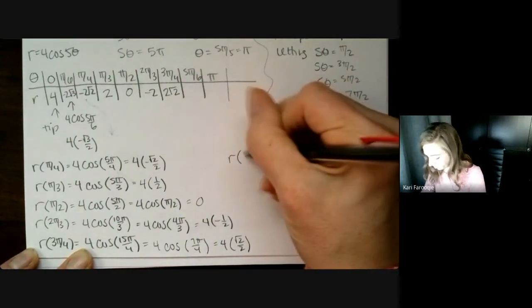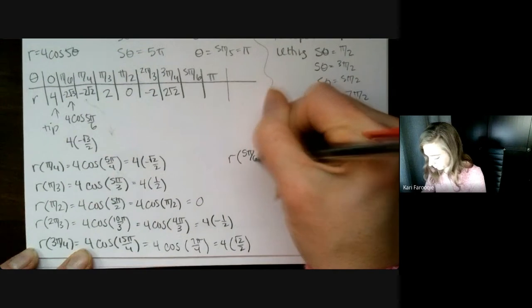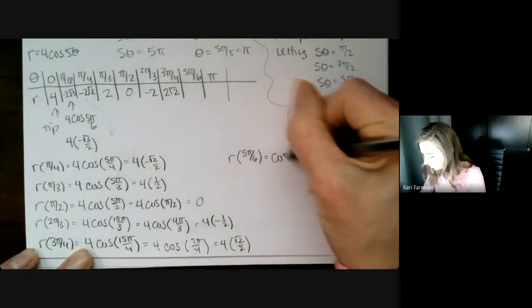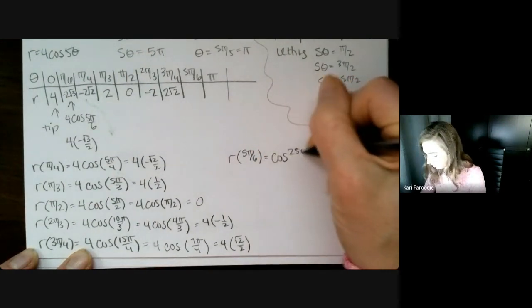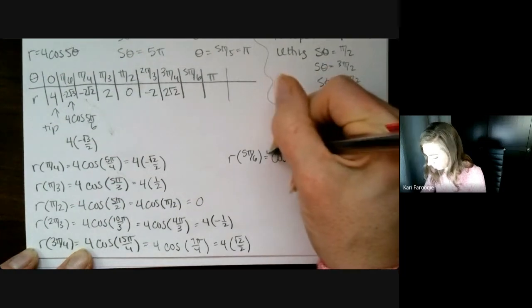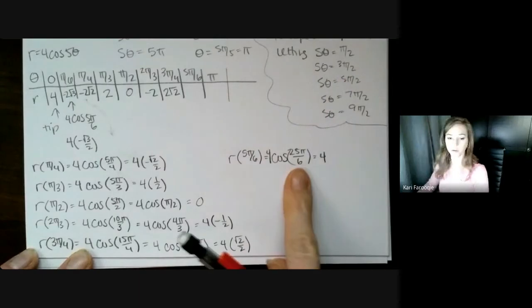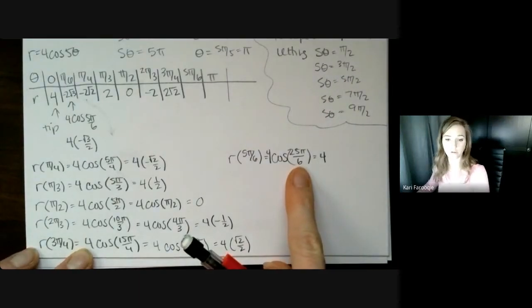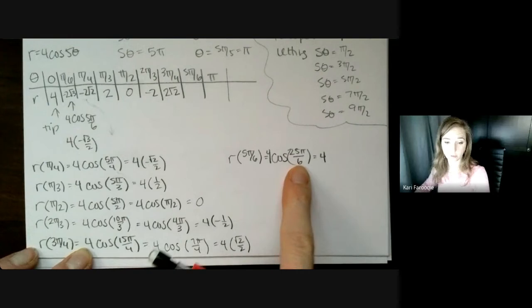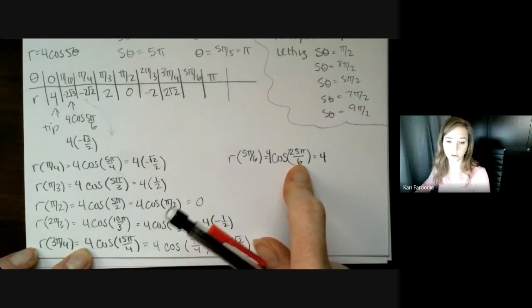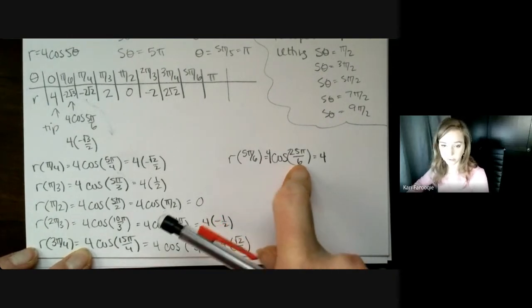At 5 pi over 6 is 4 times the cosine of 25 pi over 6. I forgot the 4. All right, so 25 pi over 6, take off 2 pi, which is 12 pi over 6, and it brings you to 13 pi over 6.